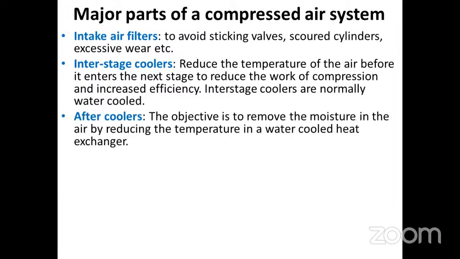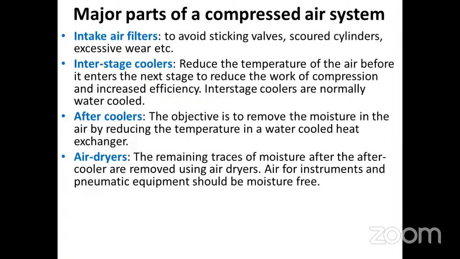After coolers are used for removing the moisture. When cooling the air, the water particles get condensed. That will be removed separately, so we remove the water particles from the delivery air. We use after coolers. Interstage coolers and after coolers are different. Air dryers.